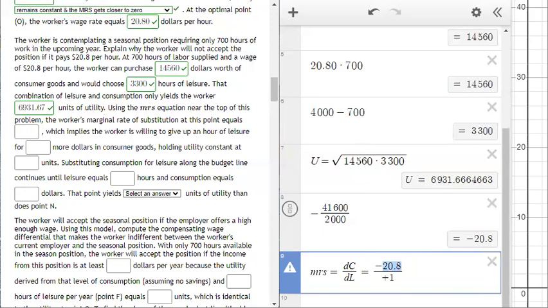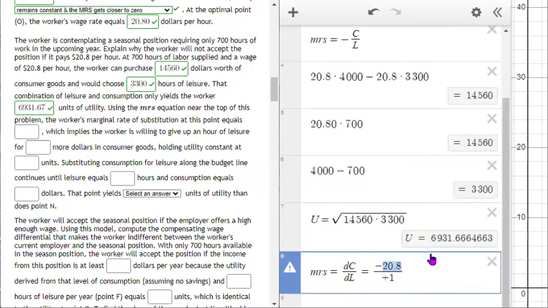My new consumption level is 14,560. And my new leisure level is 3,300.